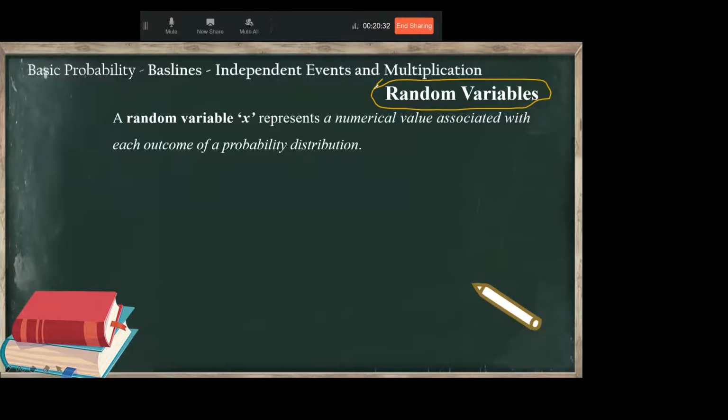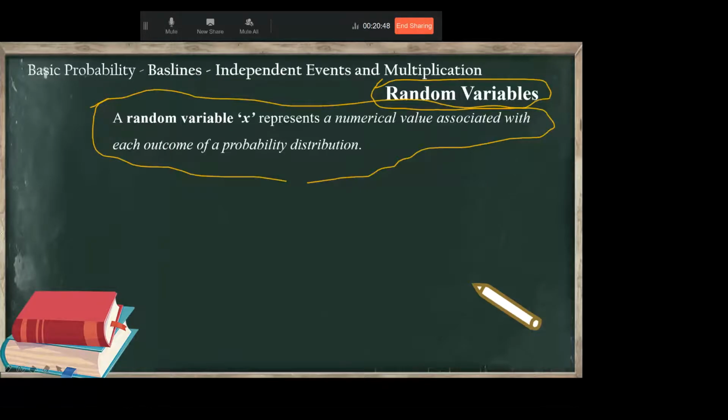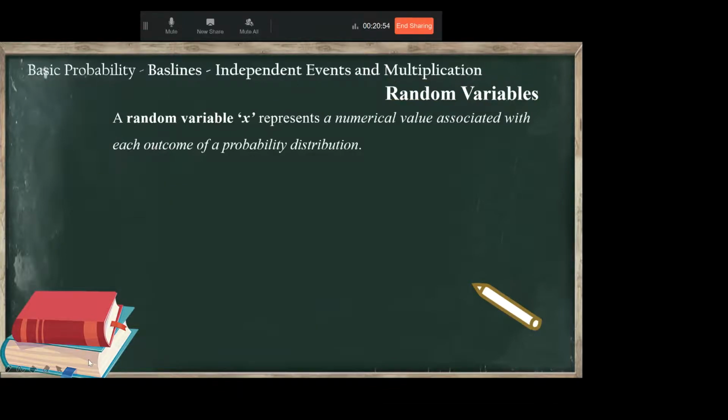What is this concept? Let's talk in detail. As you can see, a random variable x represents the numerical value associated with each outcome of a probability distribution. That's the main theme. So far we have discussed basically the probability: if the total sample space is given, how do we get the likelihood of one event occurring from that sample space.